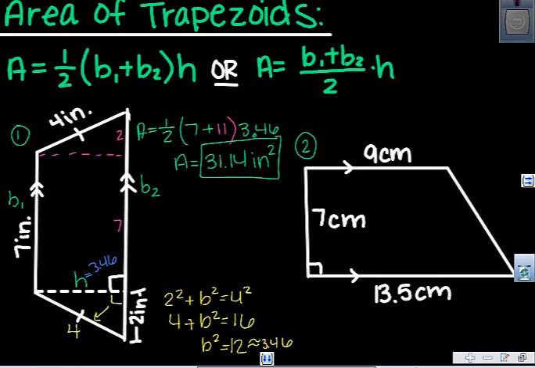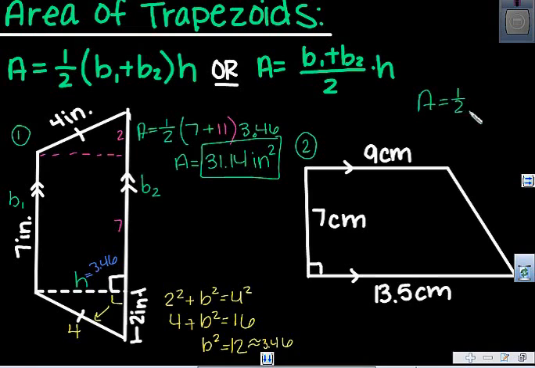In example 2, this is a right trapezoid. There is a right angle already in the trapezoid, so I don't have to do Pythagorean theorem to find the height. It's already given. So this one is going to be a bit simpler. 1/2. Okay, the bases are the two that are parallel, so 9 and 13.5. And then it's multiplied by the height, which in this case is 7.